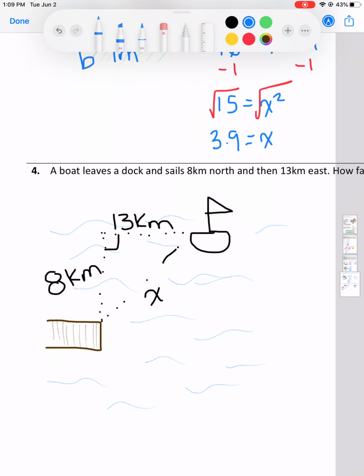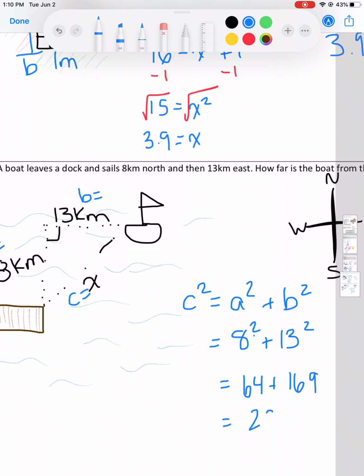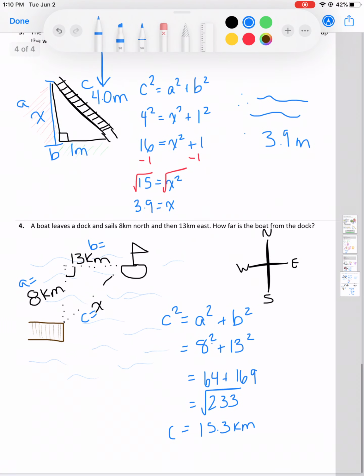Well, we've got my C, my A, my B. Therefore, my boat is... That's a 5, I promise.